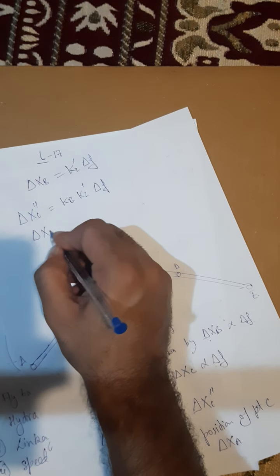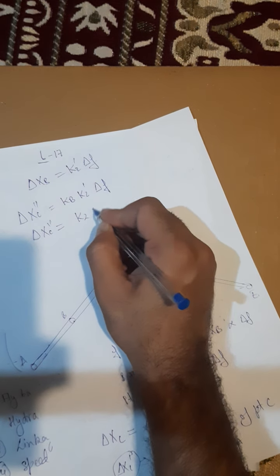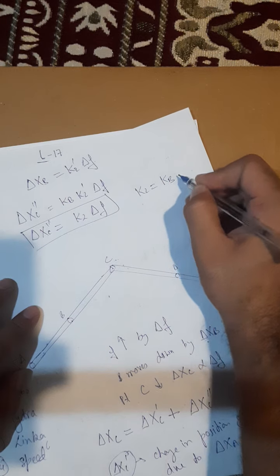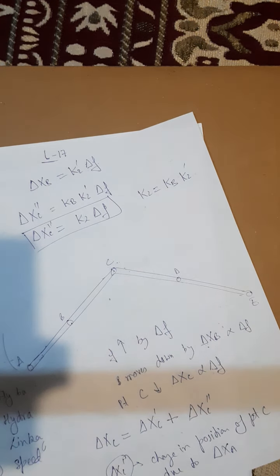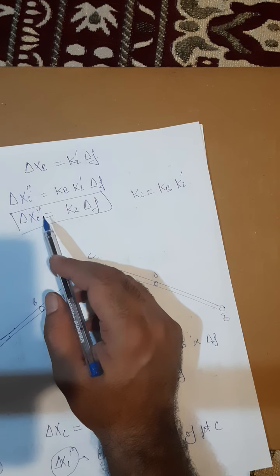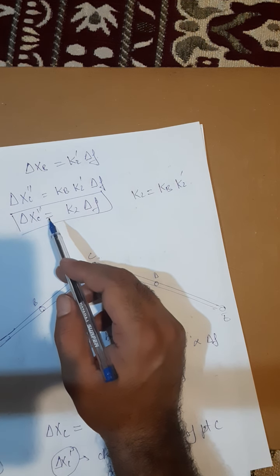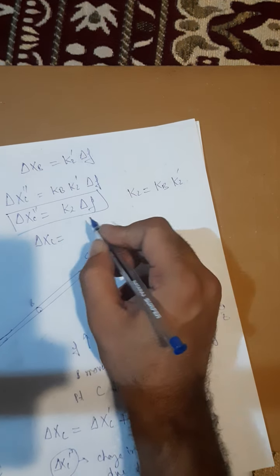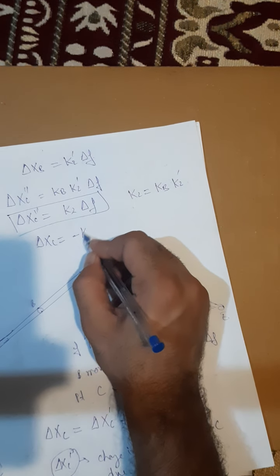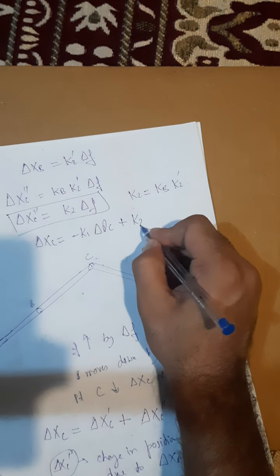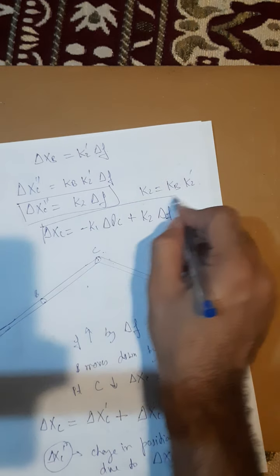So delta xC double dash is nothing but k2 delta f, where k2 is a product of two constants, kb into k2 dash. So we got the value of delta xC dash and delta xC double dash, and we can easily calculate delta xC. Delta xC was delta xC dash, which was minus k1 delta pC, plus delta xC double dash, which is k2 delta f.